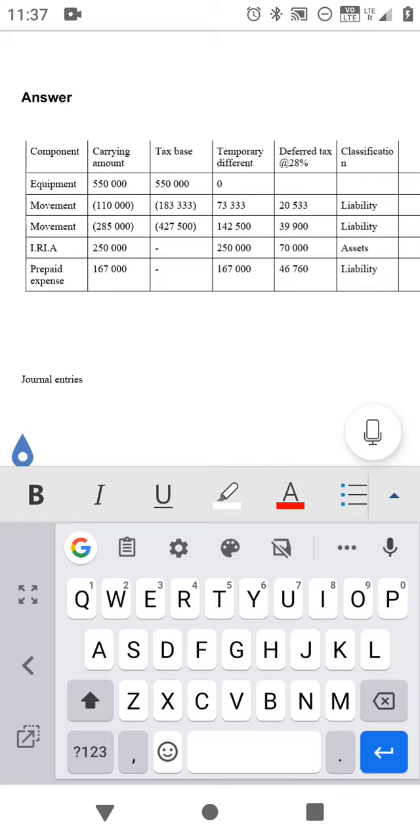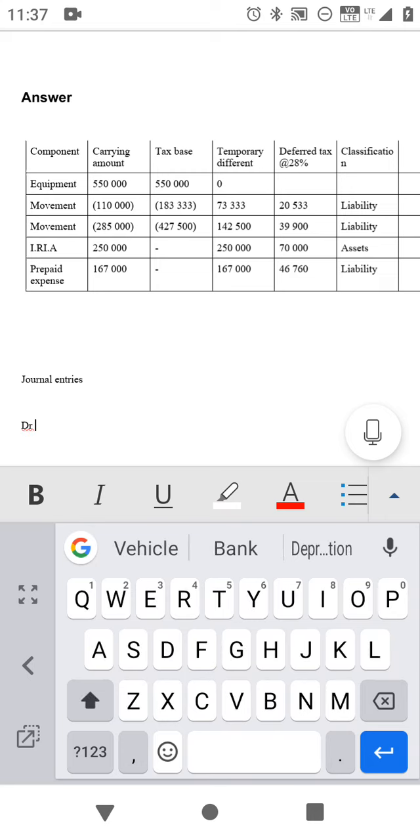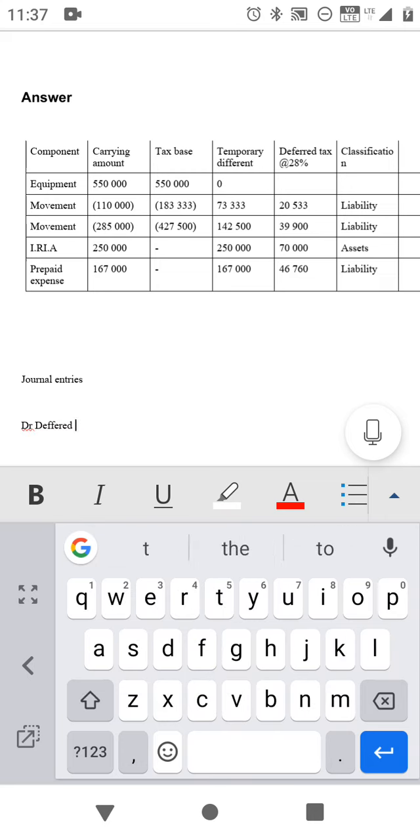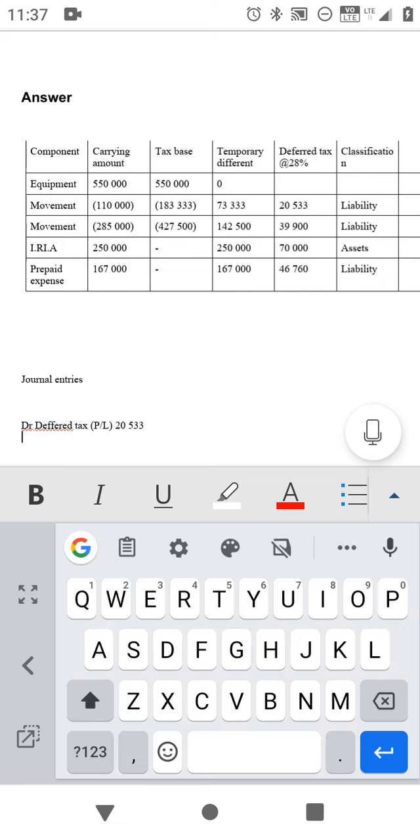Okay, let's start with the first one of movement. We found that it's a liability. If it's a liability, which means that you have to debit deferred tax, which in brackets you say P and L. Then the amount is 20,533. Okay.